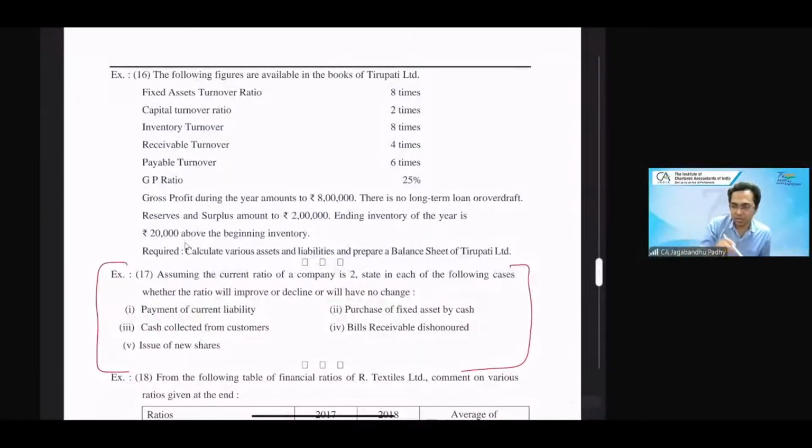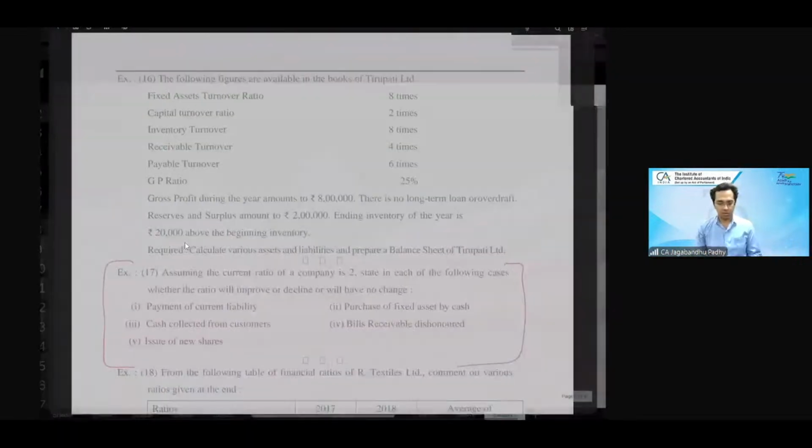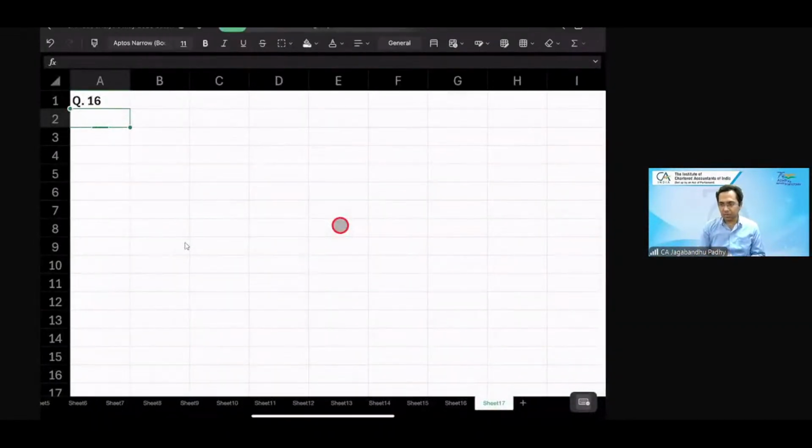Question number 16. Now let's prepare the format of the balance sheet first, because in the previous question the balance sheet format was given, and here it is not. Preparing the format will give us some guideline as to what we are supposed to calculate.